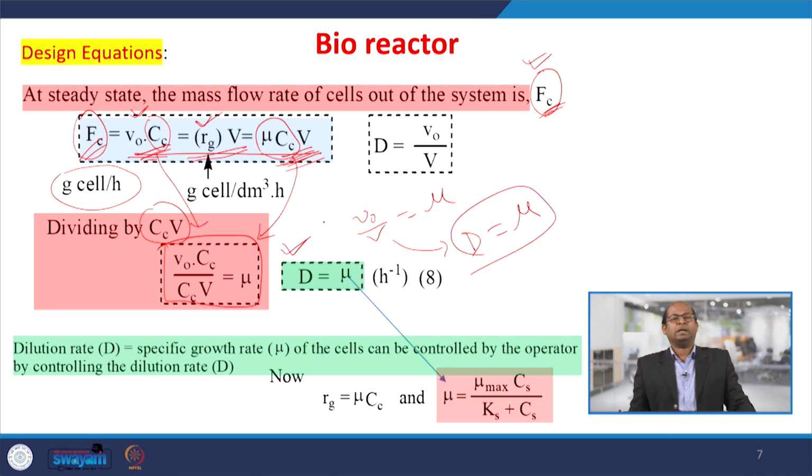D is the dilution rate and mu is the specific rate constant for cell growth. So how are they related? D equals mu. Both have units of inverse time.